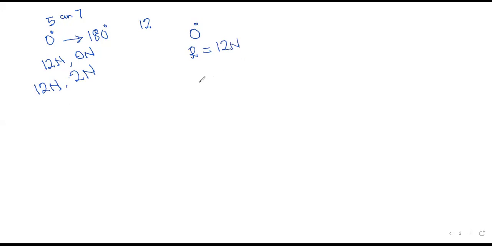When the angle increases from 0 to 180, the resultant between them is 7 minus 5, and that is 2 Newton. So the magnitude of the resultant will change from 12 to 2. So that's the third answer. Anita, are you okay? Yeah. All right.